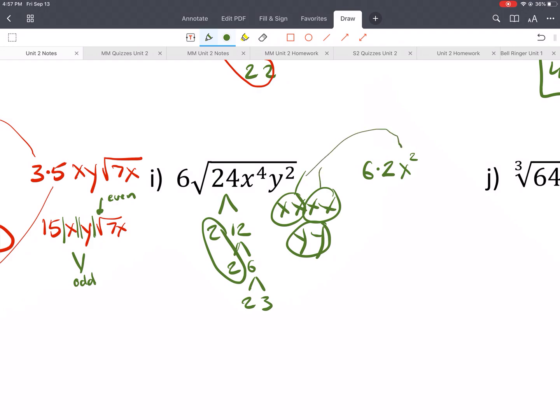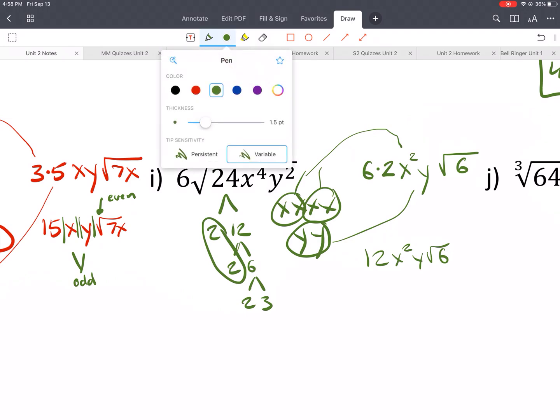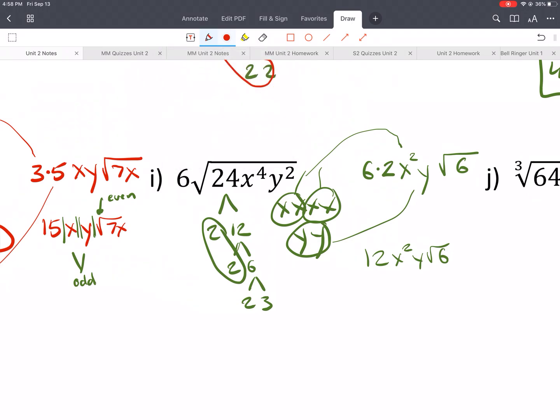That gives us our x squared, and then we have a y. And then square root of whatever is not in a group, so that would give us 6. So we have 12 x squared y square roots of 6. Okay, check for absolute values. All right, so since this y is odd and this is even, we have to have the absolute value.